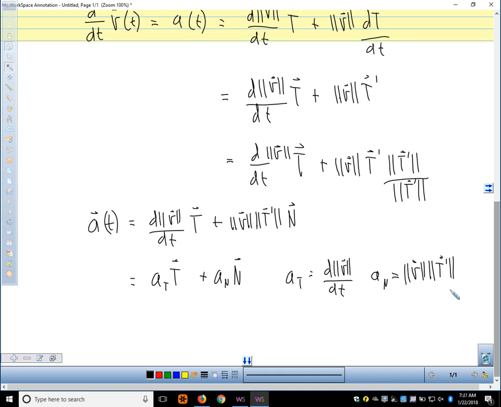So there's our tangential and normal components of acceleration. Now these aren't particularly nice. They're not terrible, but not particularly nice. We're going to do a little more work.